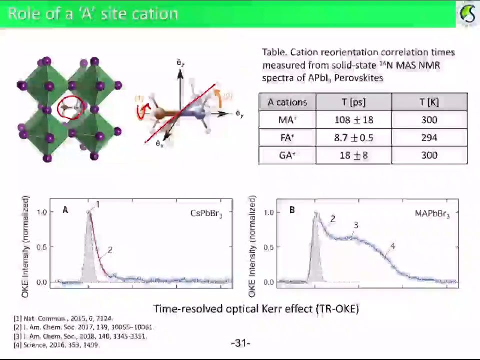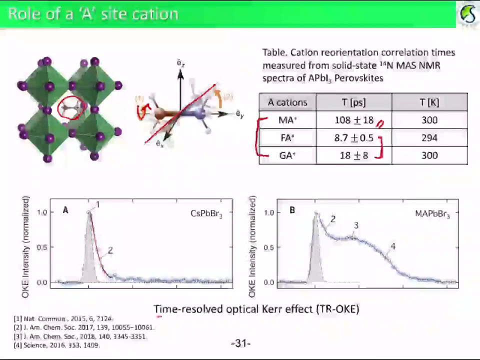From the NMR study, for example, the methylammonium cation was found to have a cation reorientation correlation time as fast as 100 picoseconds, whereas that of the formamidinium and guanidinium cations was found to be much faster than the methylammonium cation.